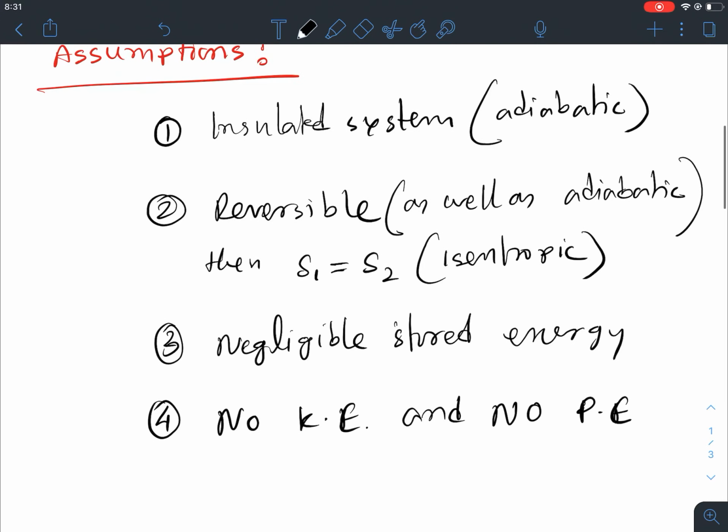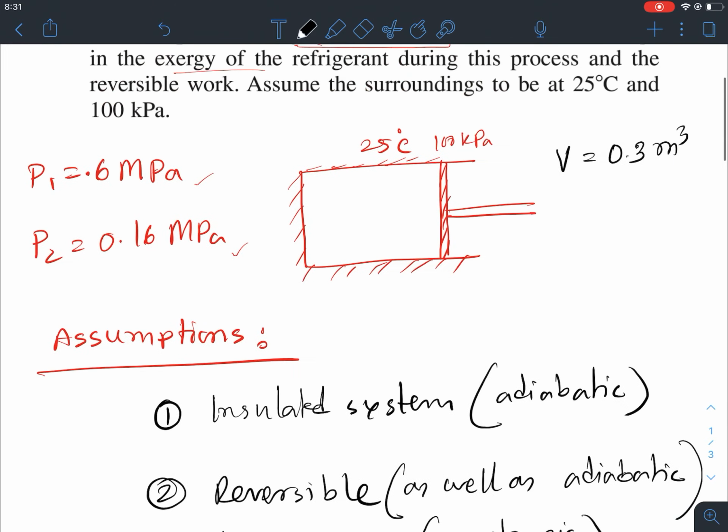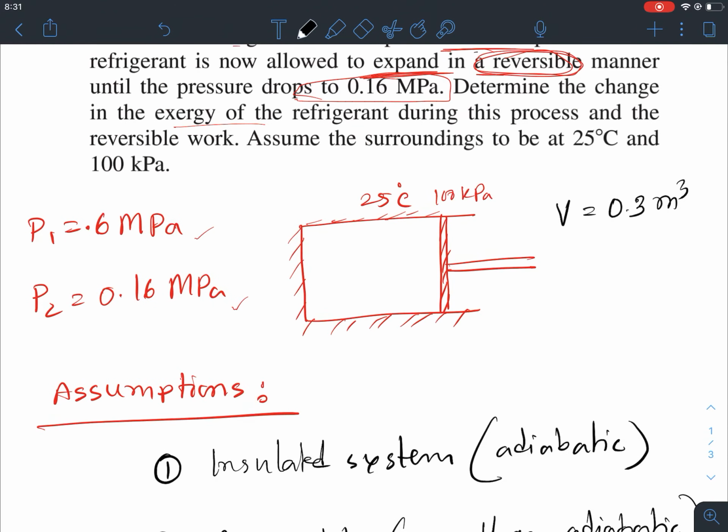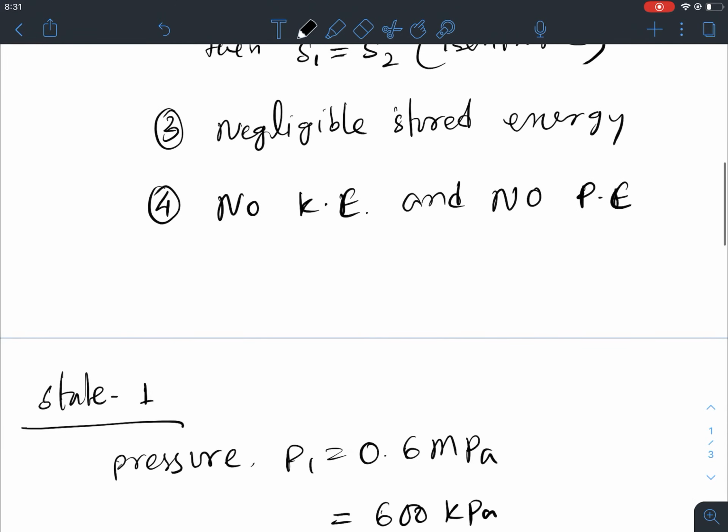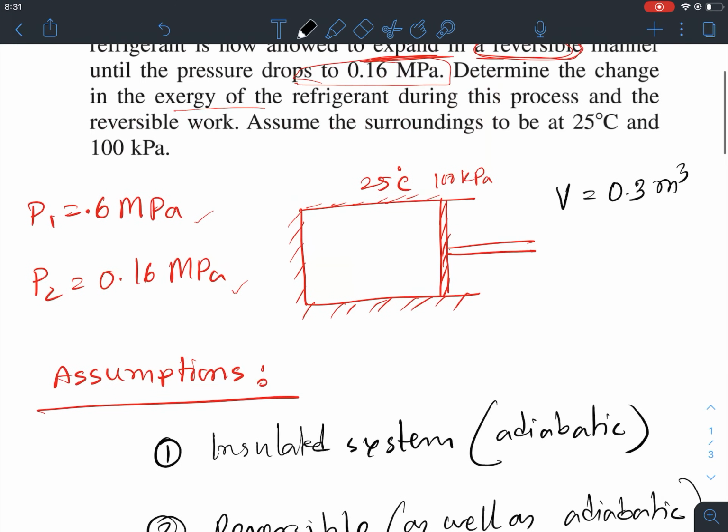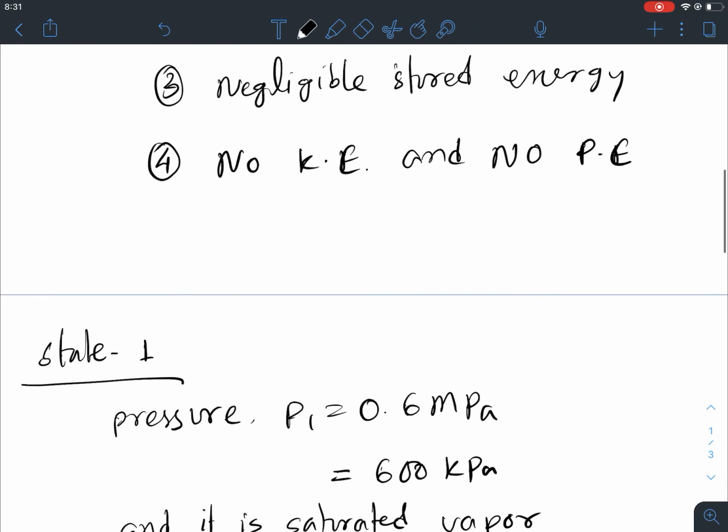That means it's also isentropic. If a system is reversible as well as adiabatic, then the system becomes isentropic. And then negligible stored energy, and it's a closed system. There is no kinetic energy and no potential energy as well.